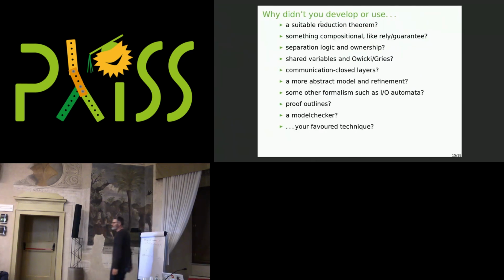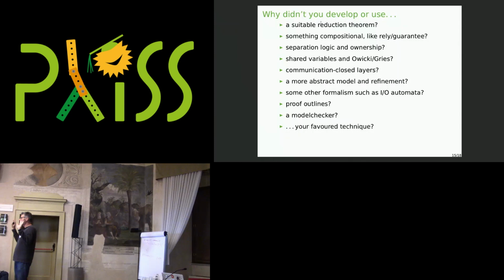And if you're a theory person, you come back and say, oh, why didn't you do the reduction theorem or something compositional like rely-guarantee or separation logic? Because that's great, right? Shared variables that we can bring is blah, blah, blah. I have yet to see the theory concurrency people prove an extensive system using any of these techniques. They work for small examples, but they don't scale yet.